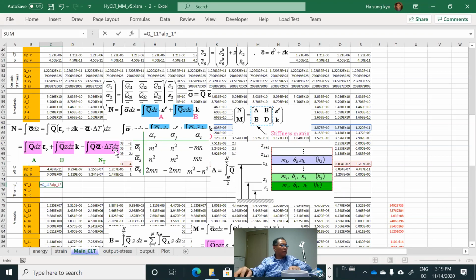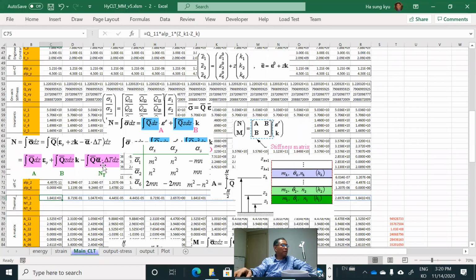And here is a dz. dz means ZK plus 1 minus ZK, right? That is the integration, right? When we integrate, this is gonna be a constant, and we need to have a ZK plus 1 minus ZK. Okay, so enter, but we have to have a delta T.